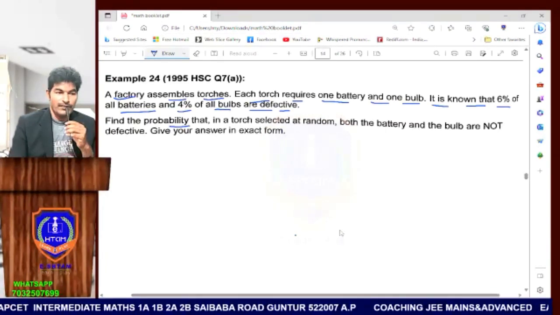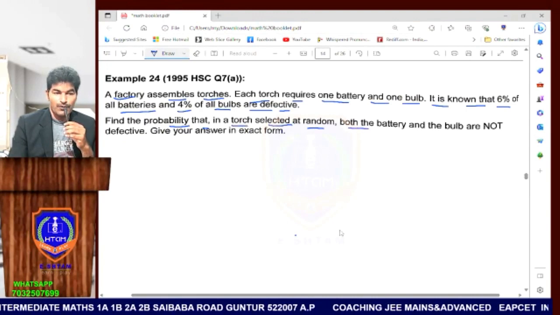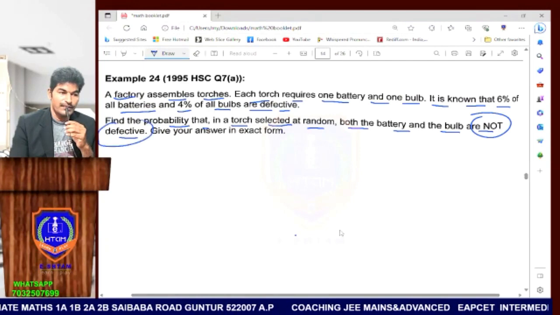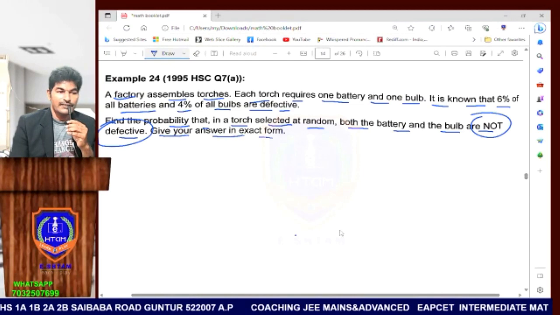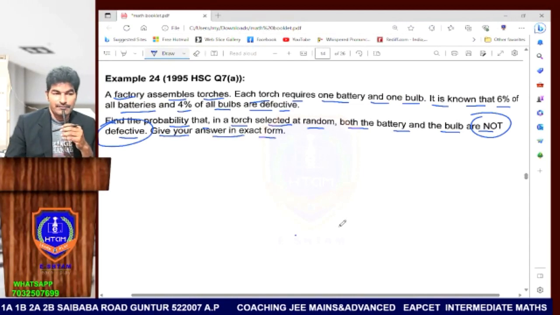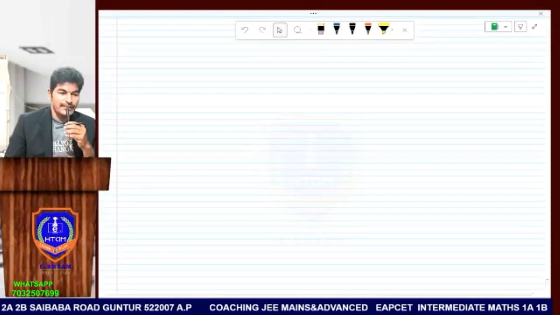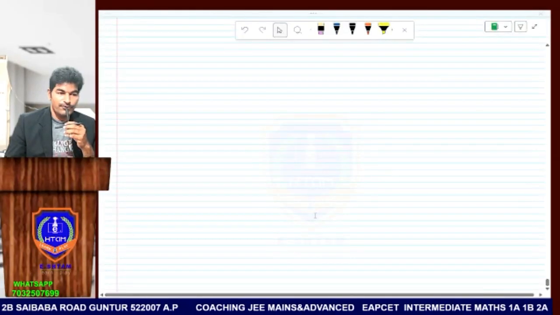Find the probability that in a torch selected at random, both the battery and bulb are not defective. Not defective means it should be working properly. Give your answer in exact form. This is example 24.